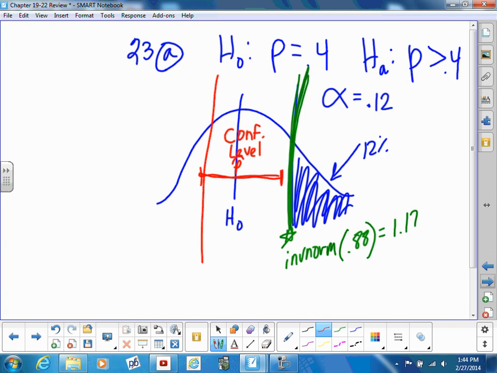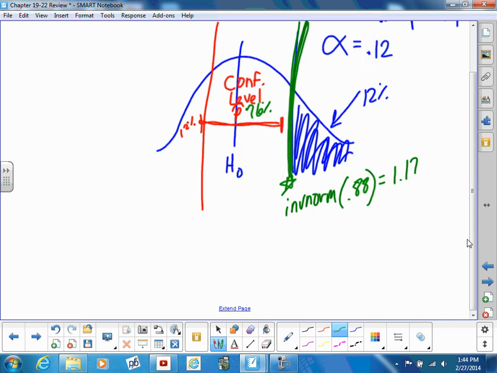When I have 12% here, if I was to decide what confidence level that is, what percentage is in the middle? 76. That is the confidence, because that is what's in the middle when you have an upper 12%, which symmetrically makes the other one that.